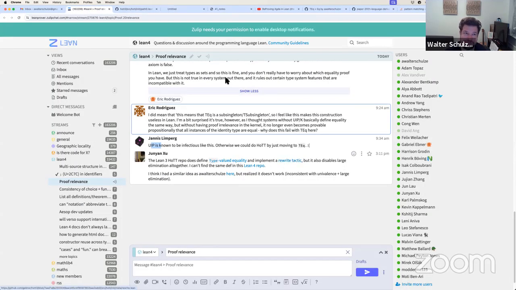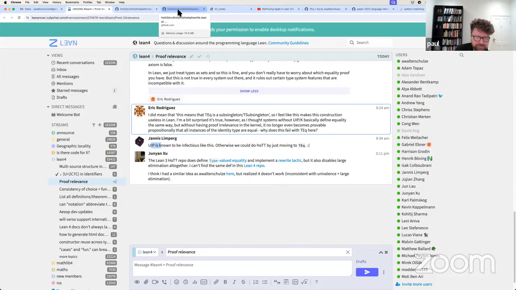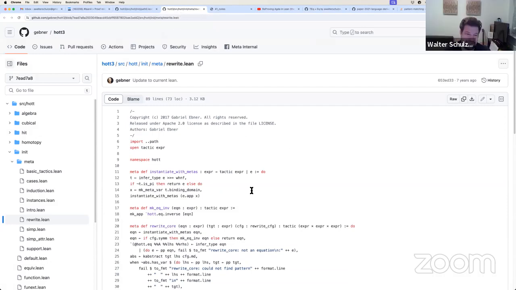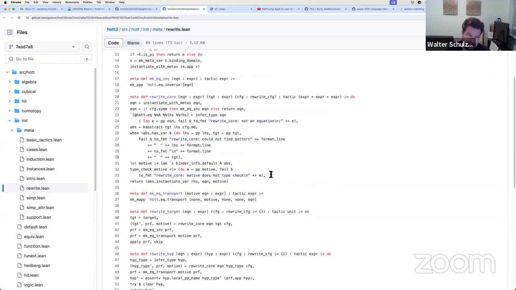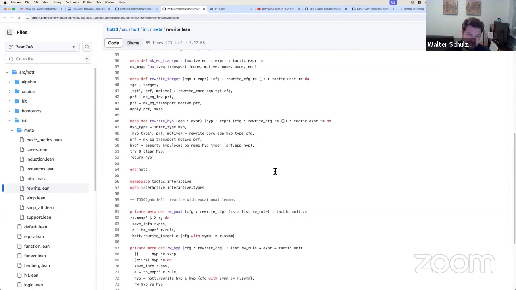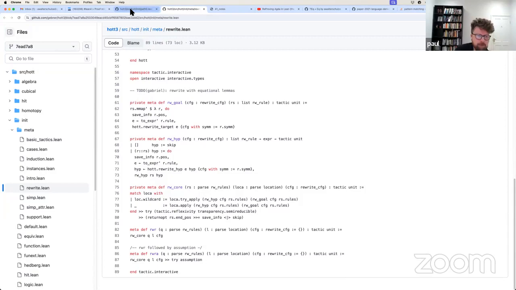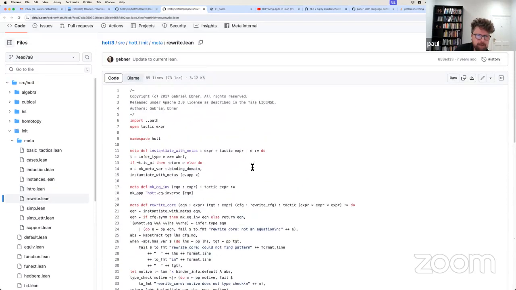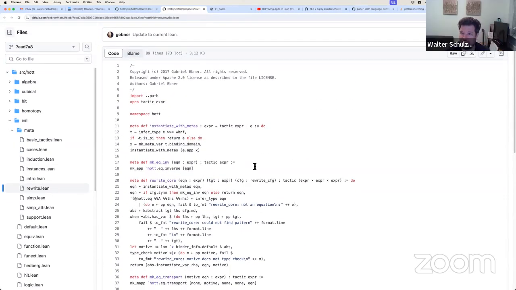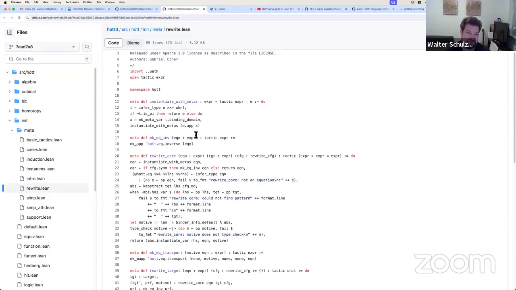And it implements a rewrite tactic, which, by the way, is very hard to do on TEQ. I've not been able to do it, but someone has in Lean 3, which is pretty impressive. So it used to be possible, at least. I believe it should be possible again, but not fun.